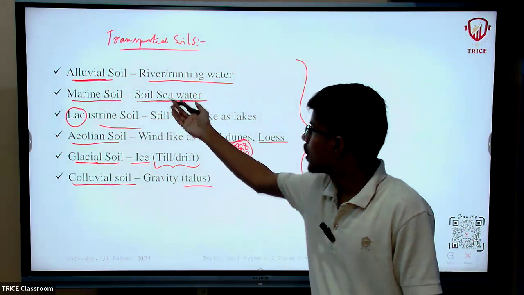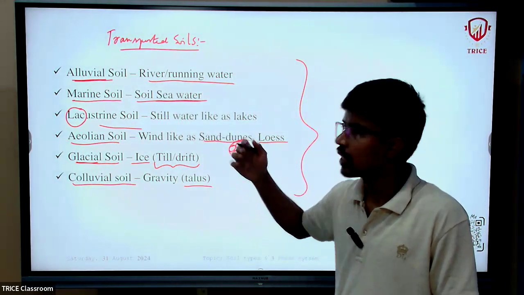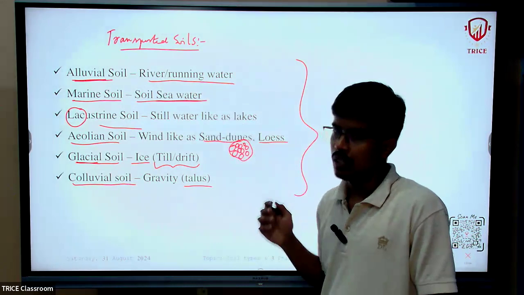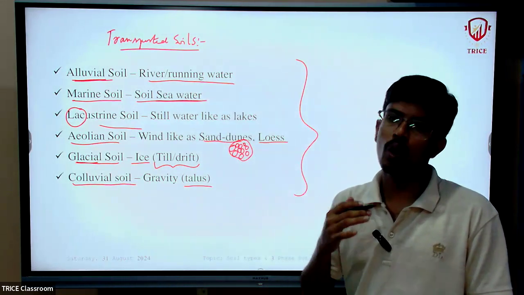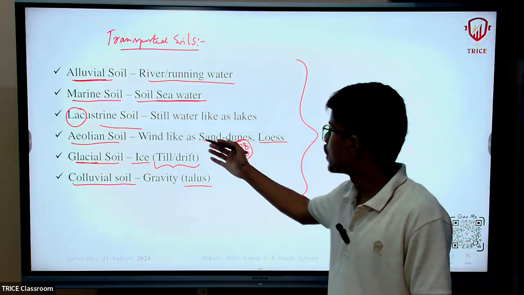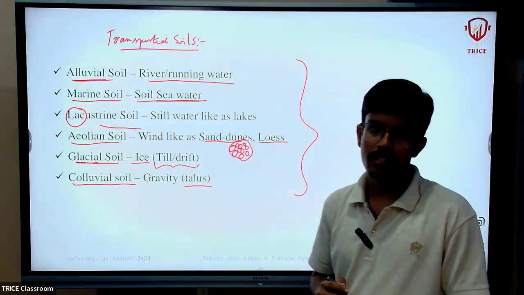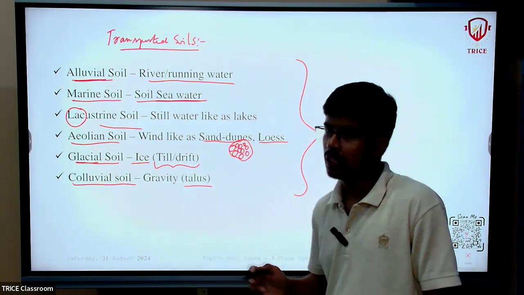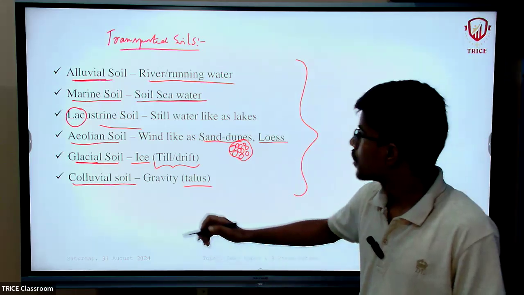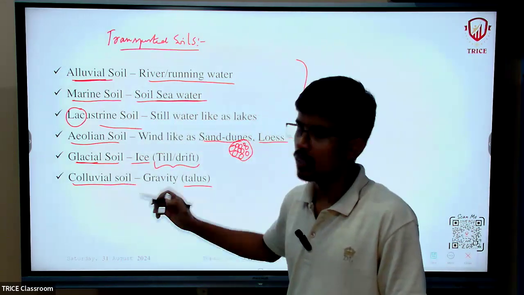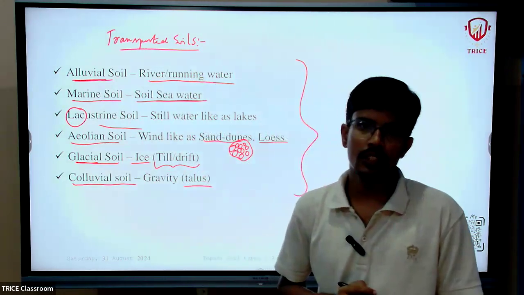You can observe here we have marine water, sea water, lake water, or pond, then wind action, then ice or glaciers, or gravity, the colluvial soils. So these are the four classifications that come under the transported soils.